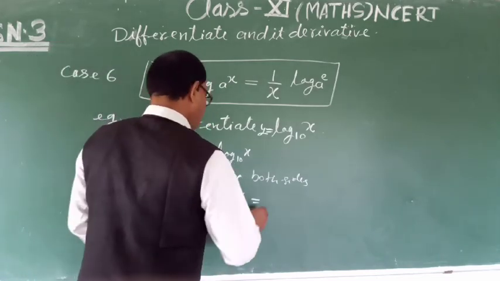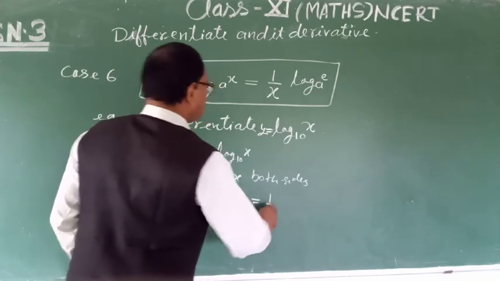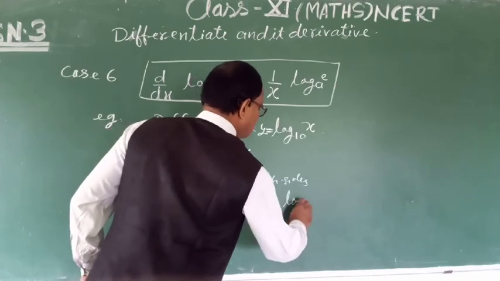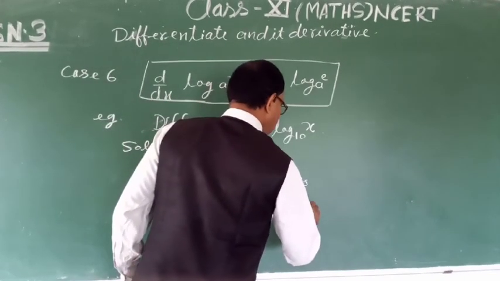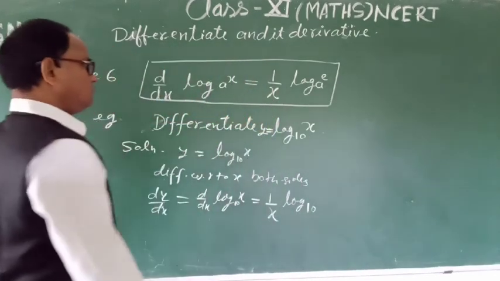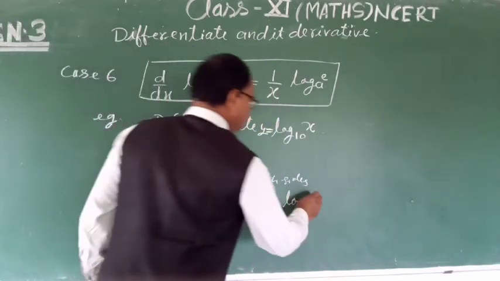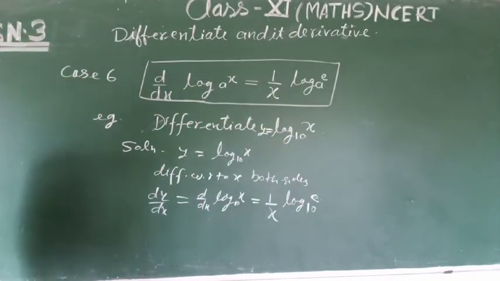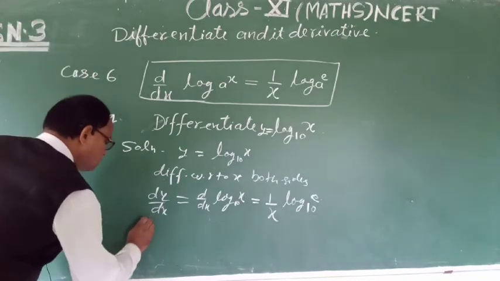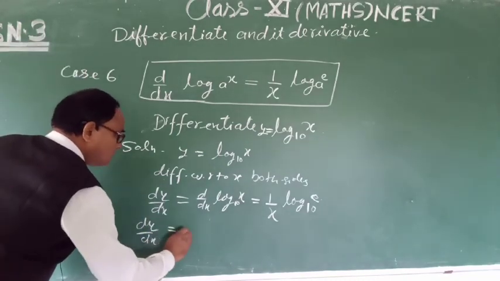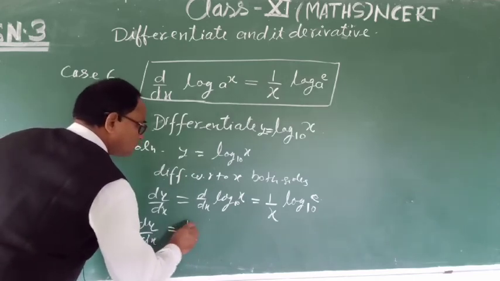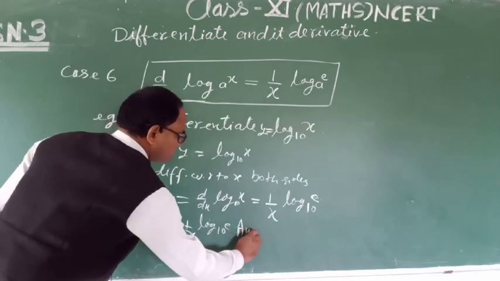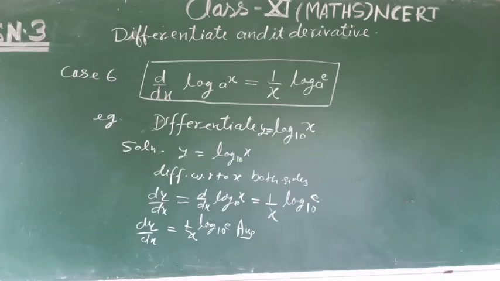By this formula we get 1 by x log 10 to the power e. Okay student, here dy by dx is equal to 1 by x log 10 to the power e, which is the answer.